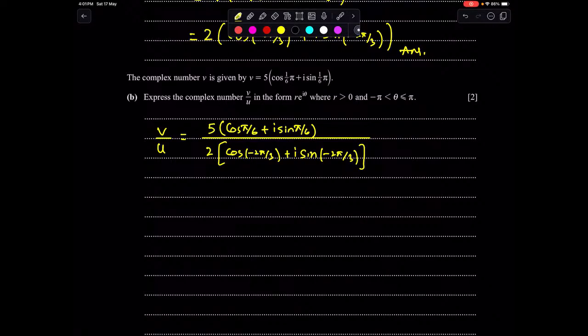Now understand this very carefully. We have to express this in terms of this. So for that we need r. So r is 5/2.